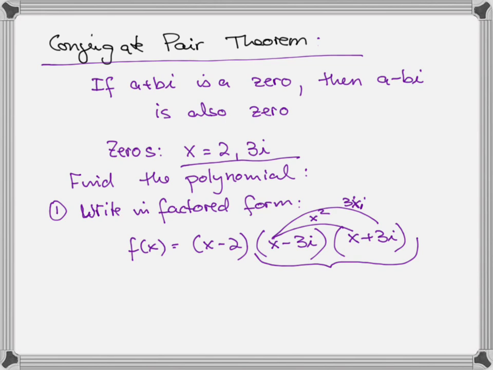Definitely an x squared, right? X squared minus 3xi, so that's minus 3xi. This cancels out. That's why we're doing that. And then you have negative 3i times a positive 3i. What is that?